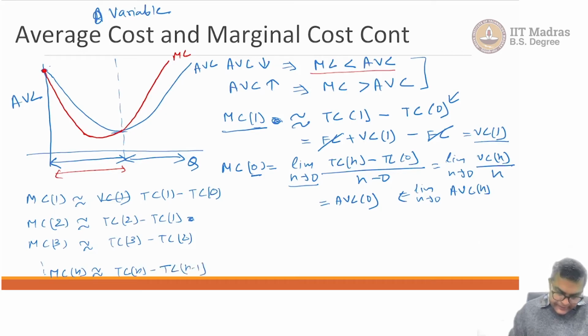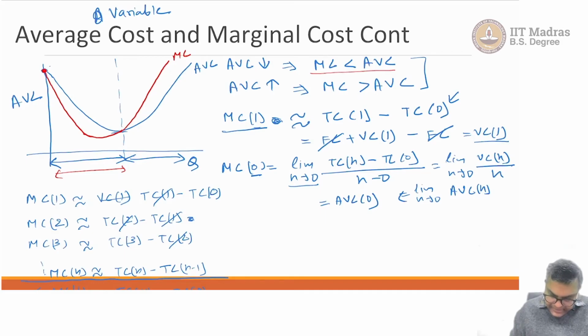If we add all these on this side, we will get the sum of MC i, where i goes from 1 to n, and on this side TC1 will get cancelled, TC2 will get cancelled. So, what we will be left with is TCn minus TC0.